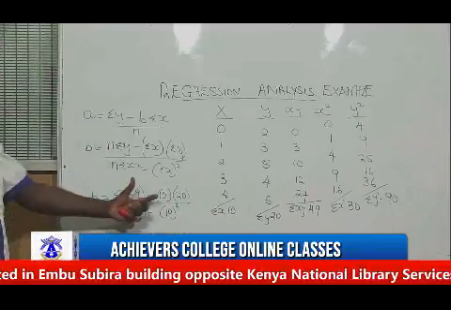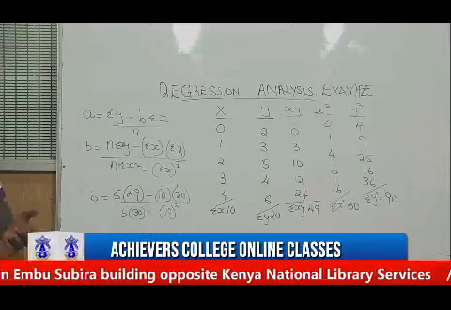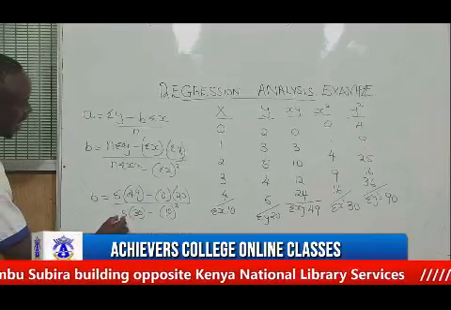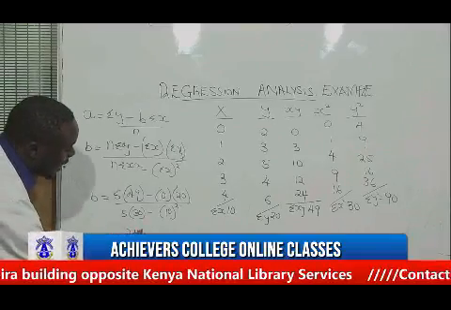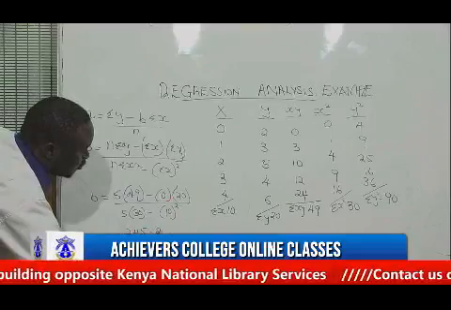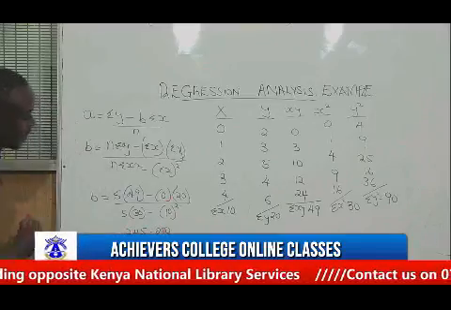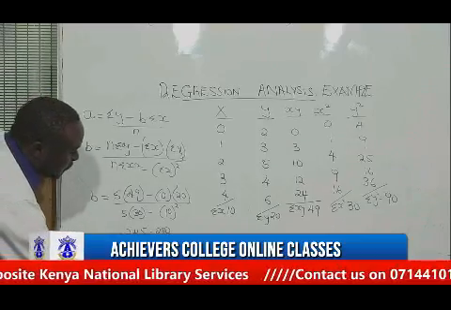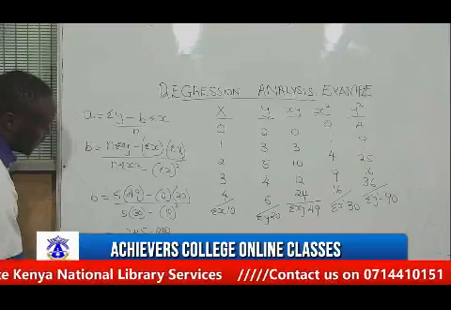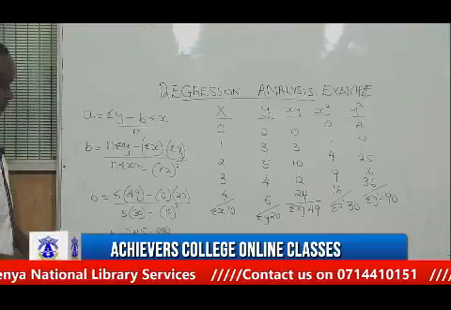So by solving this, you will have 245, then you minus 200, you divide by 150, and then you minus 100. This is the value of b.